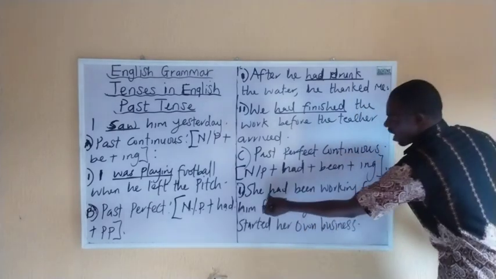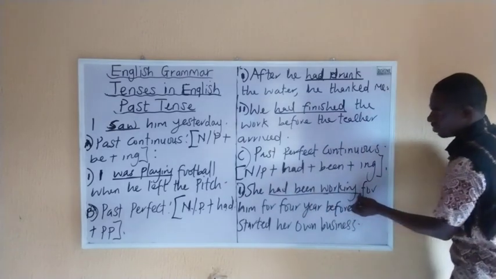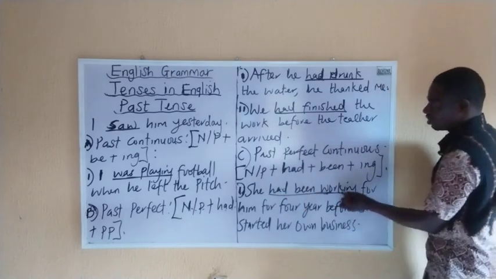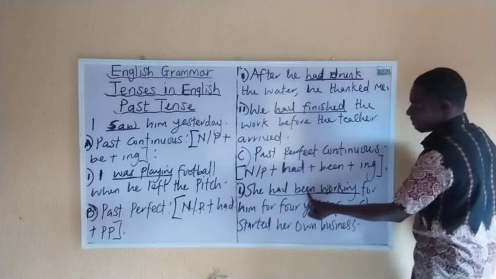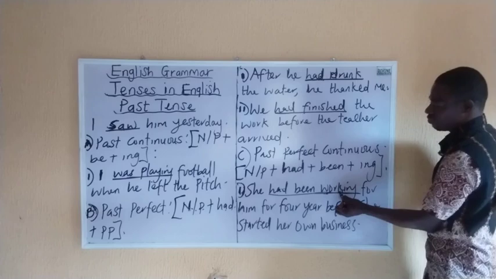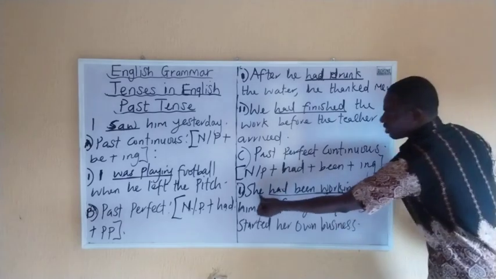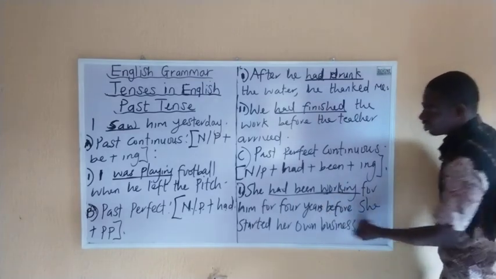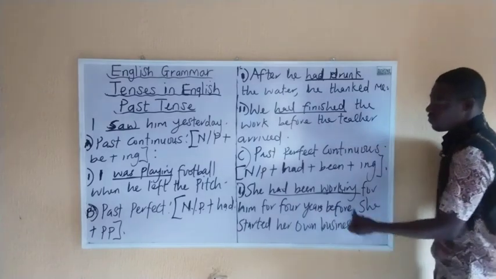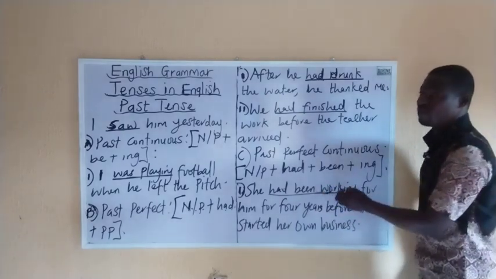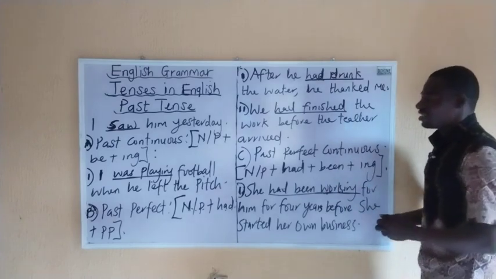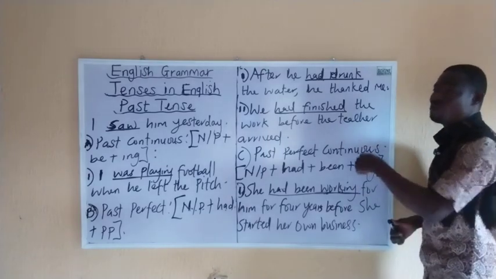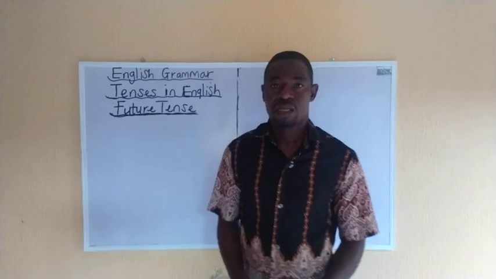We have had been working, showing past tense, perfect tense, and continuous tense. Had here is the past, been is the perfect, while working is the continuous. This shows that she had been working for him for 4 years before she started her own business. So in other words, she had been working for him long in the past before she started her own business, also in the past.